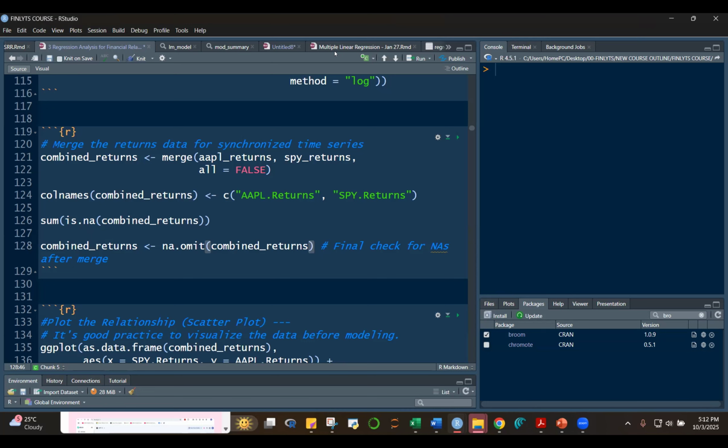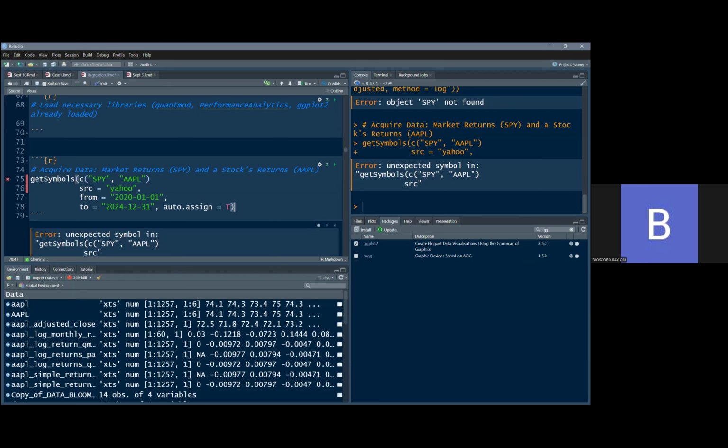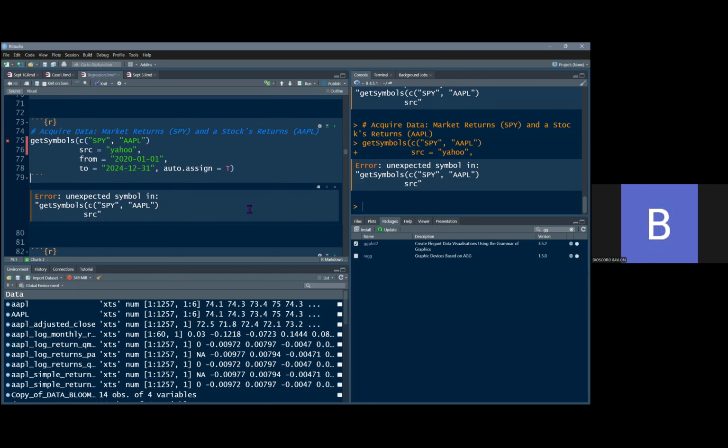Sir, I'm having error po. Error, sige. Stop share. Okay, paki-share yung screen mo, please. Okay, error. Anong error dito? Walang comma after spy and apple. Dapat may comma yan.